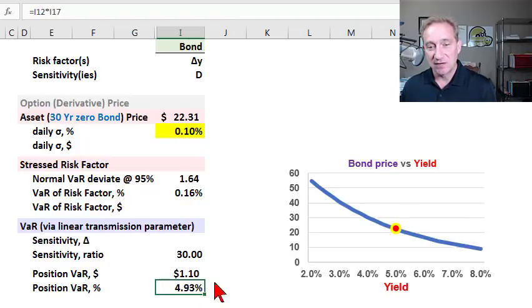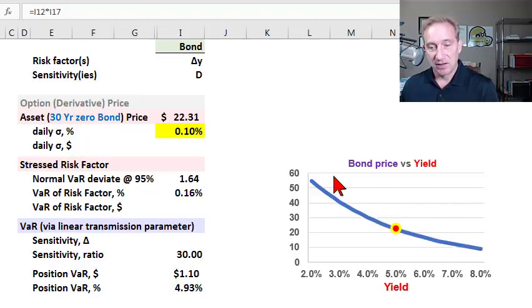And so with 95% confidence, I do not expect the price drop here to be worse than 4.93%, because I have a modified duration of 30 multiplied by my worst expected change to the yield, which is 16 basis points. If the yield changes more than 16 basis points, which should only occur on 5% of the days, then my bond price can be expected to drop more than 4.93%.